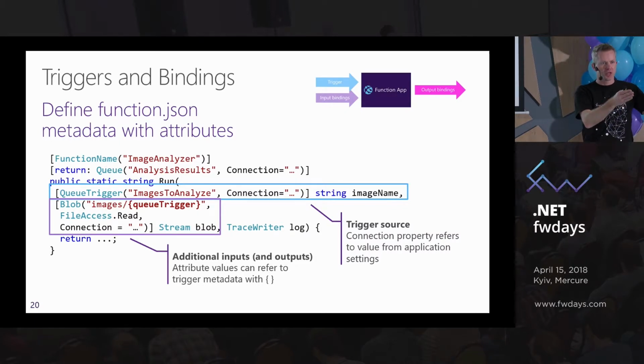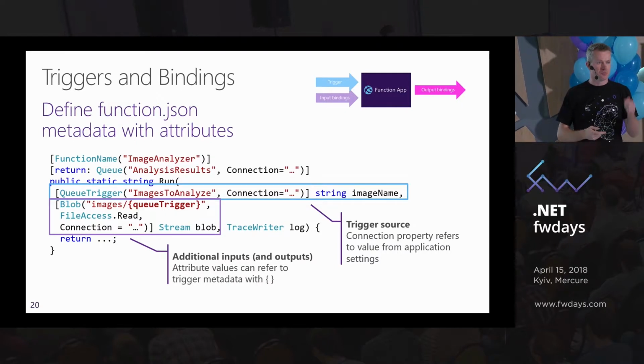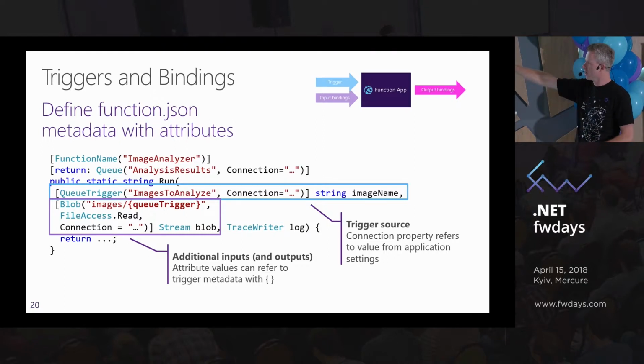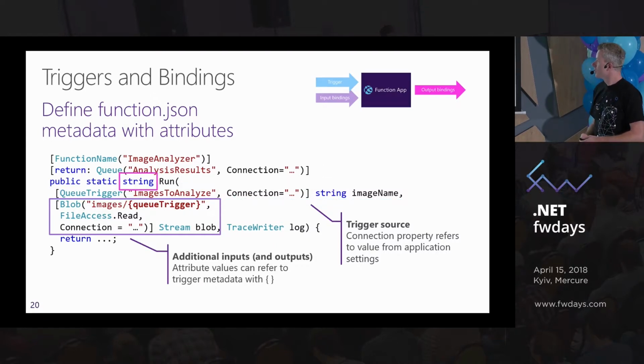And that queue trigger with the curlies is actually the content of your queue message. So that's how easy it is. You don't have to read from the messages. There's nowhere to be seen that you're interacting with a queue or with the blob storage. Blob storage is not entirely true, because we do need a stream to write to or read from the blob storage.